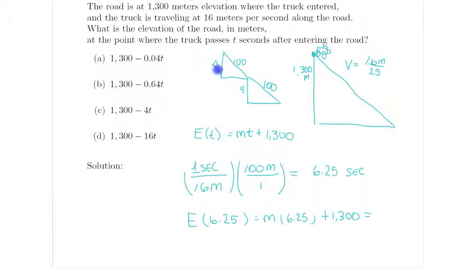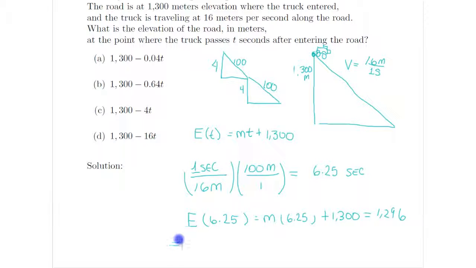Well, if it decreased 4 units from the starting point, then 1300 minus 4 is 1296. Okay, so now we have an equation that we can solve.